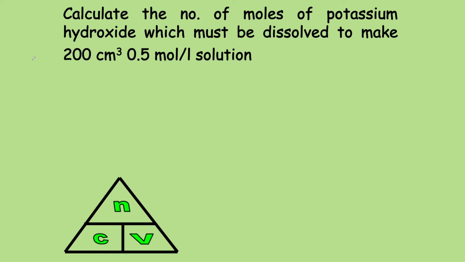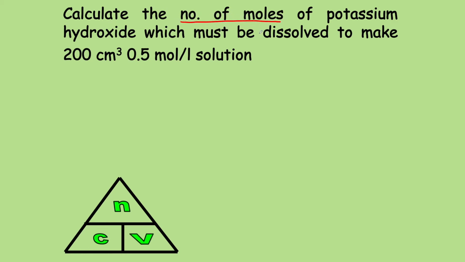Once you've got the question down and you have read it, the best thing to do is to figure out what the question gives you. This question says: calculate the number of moles of potassium hydroxide which must be dissolved to make a 200 centimetres cubed, 0.5 mole per litre solution. So it's asking us to calculate the number of moles.